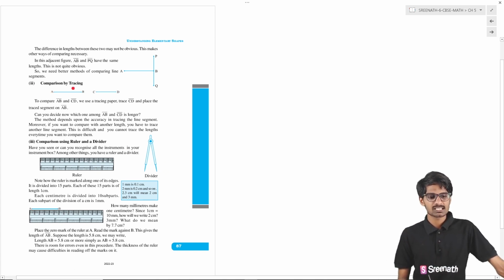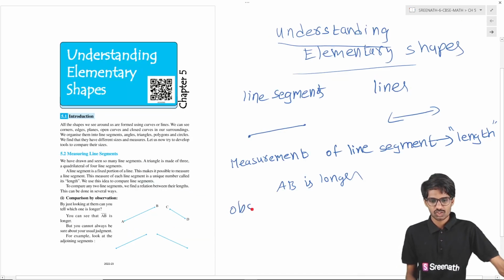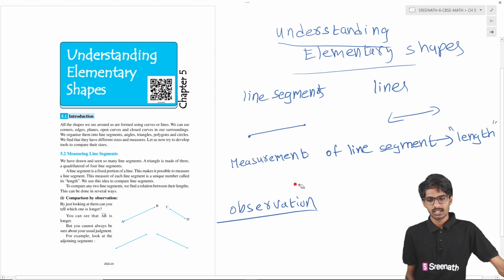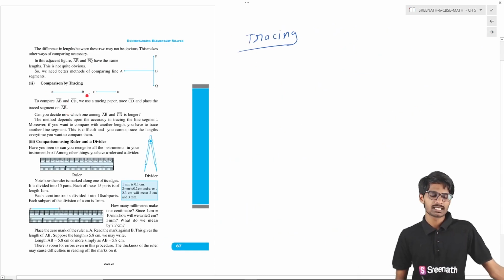The next method is comparison by tracing. The previous method was comparison by observation, in which we said that AB is longer. Next is tracing. How do we trace?